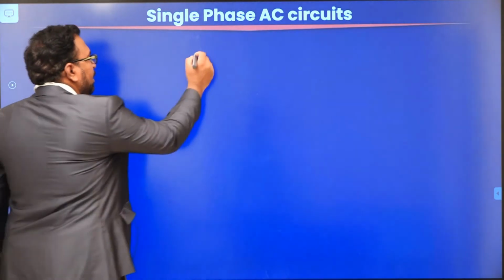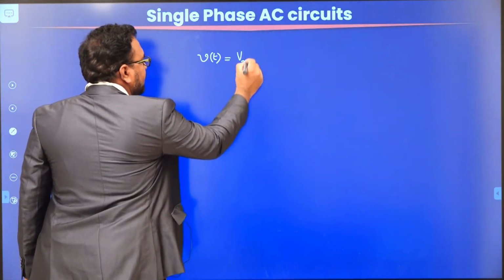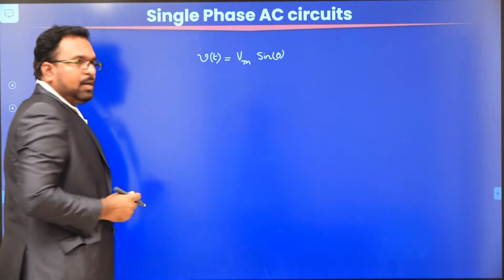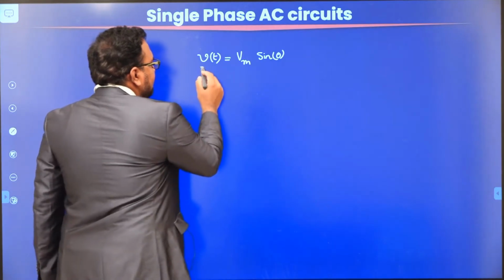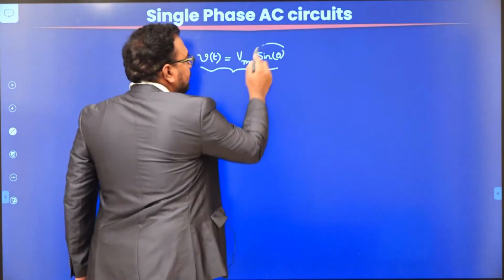We know that a single phase AC supply is represented by means of a sinusoidal quantity.